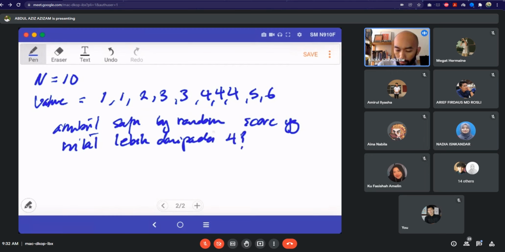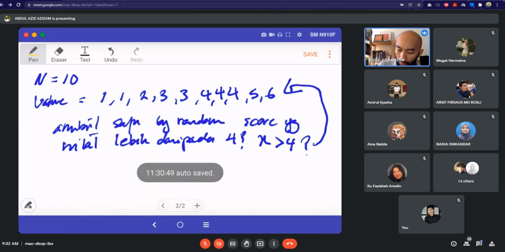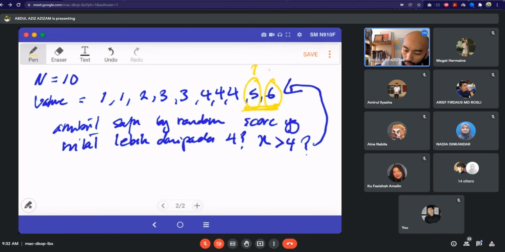So nilai skor greater than atau x greater than 4 berapa? So yang kita refer balik dekat dia punya values tadi, skor lebih daripada 4 adalah 5 dan 6 lah. 5 dan 6 ni ada 2 nombor. 1, 2. Okay.